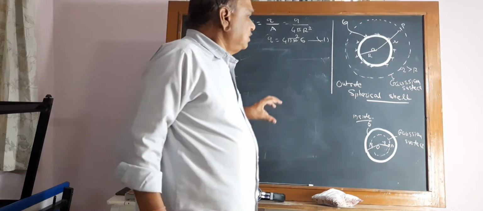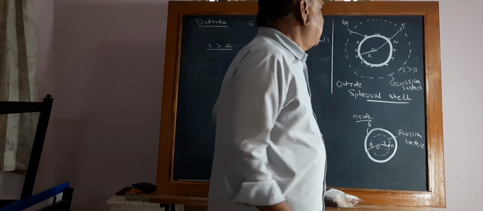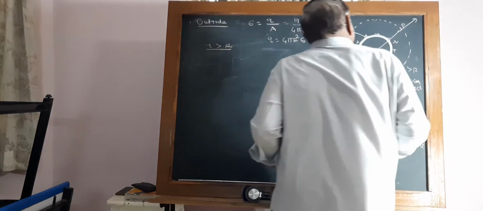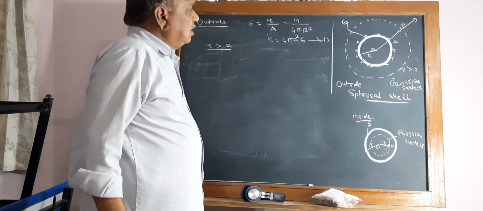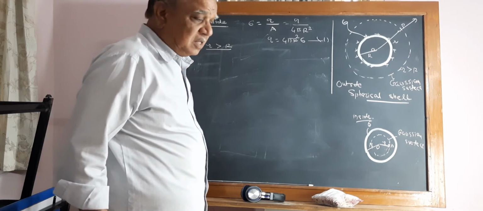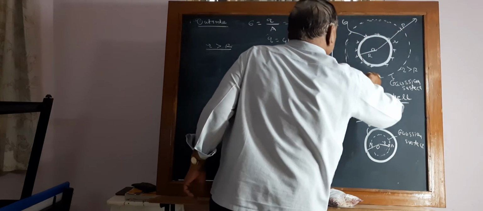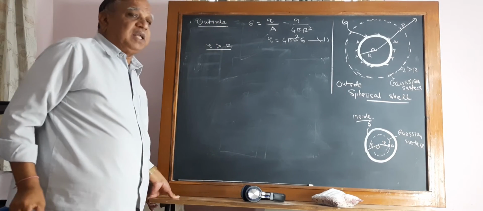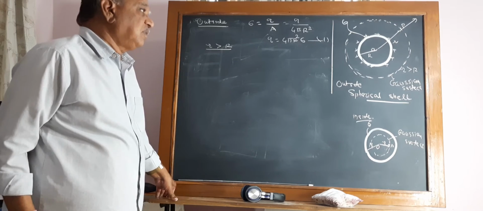So to find the field at point P, it is clear that the field will be radially outwards. Now P is at distance r. Then imagine all the points at equidistance. Then it will be a spherical surface of radius r.